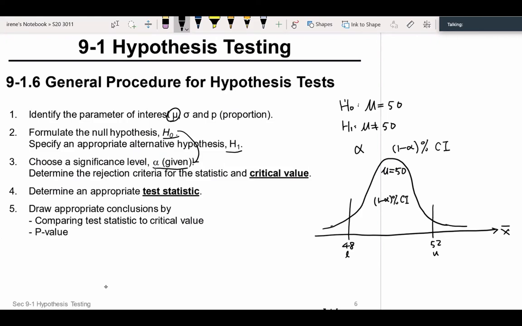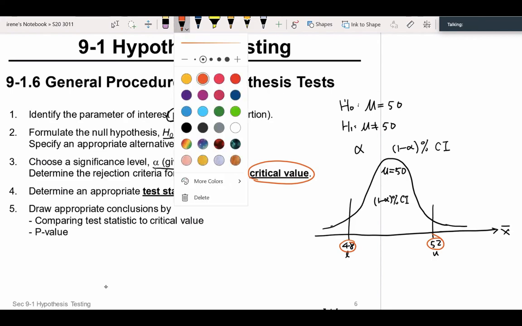So this 48 and 52 are our critical values. It tells us where the boundary of the confidence interval is, so we can make a decision if we're going to reject or fail to reject a null hypothesis.